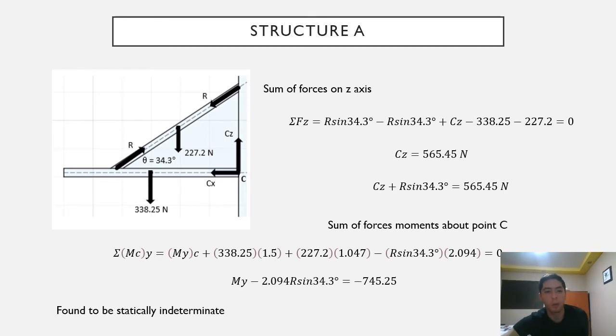If we don't take into account this reaction support, this leads to this equation, and we can take the sum of the moments, but this gets us some reaction at the moment, so we have two unknowns here.